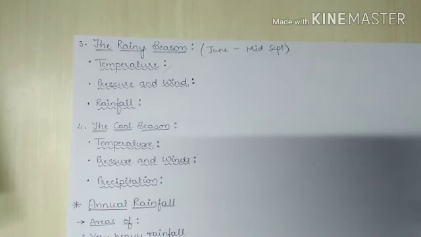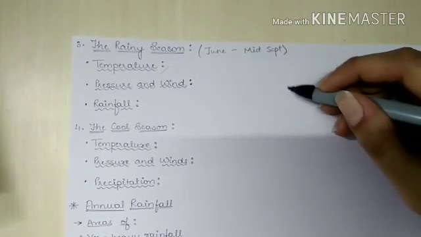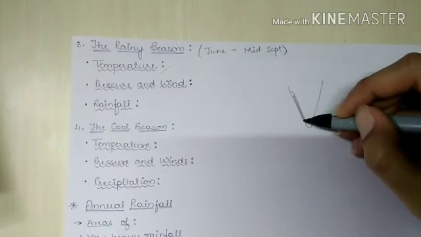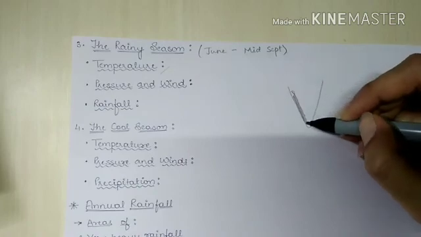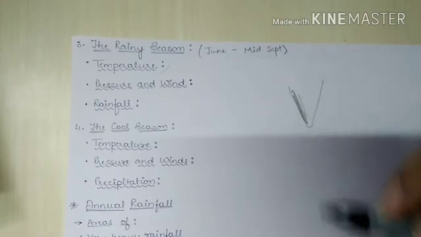But the rain shadow area is comparatively warmer on account of low elevation and scanty rainfall. So if you look at the Western Ghats, this part will have lower temperature and a huge amount of rainfall, while this part will have warmer temperature and scanty rainfall.